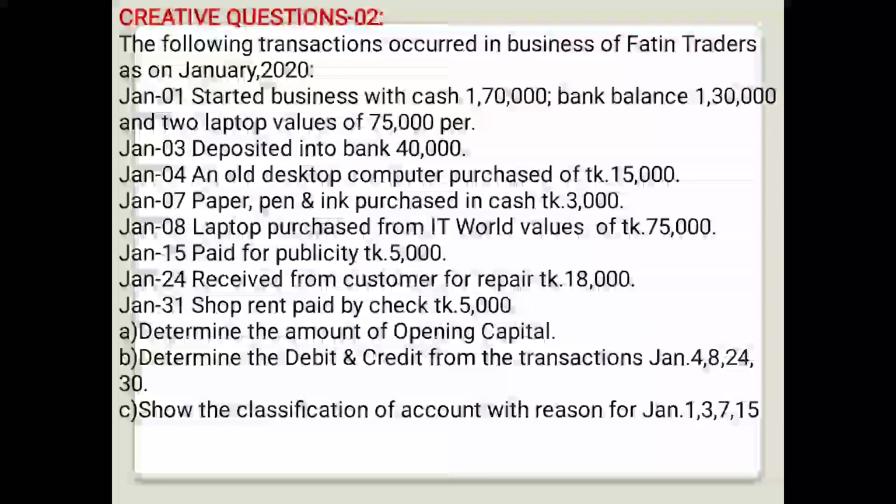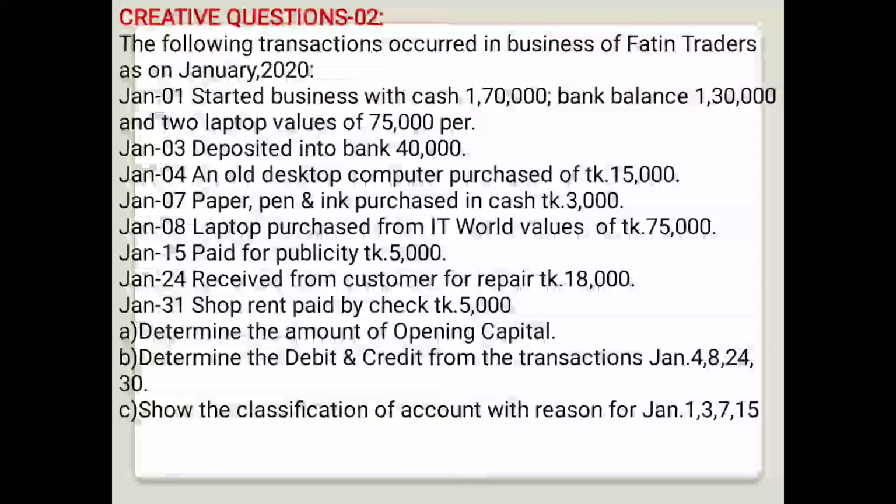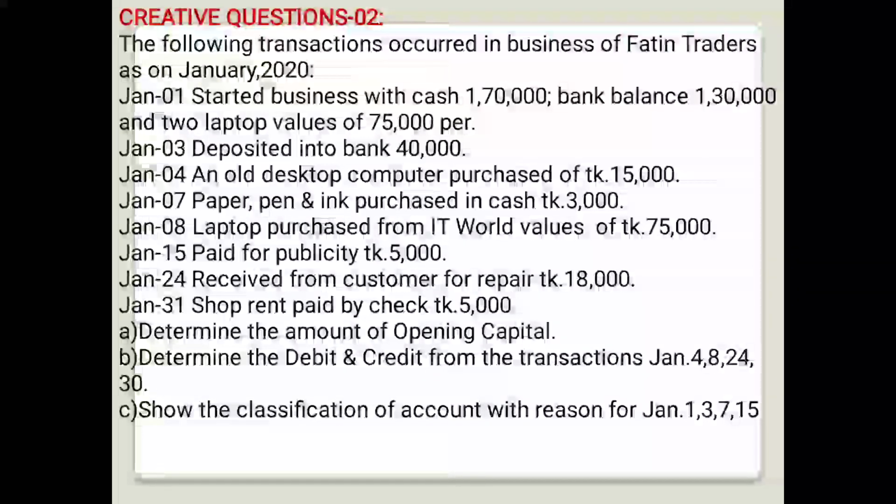January 4, an old desktop computer purchased, valued at Taka 15,000. January 7, paper, pen and ink purchased in cash Taka 3,000. January 8, laptop purchased from IT World, valued at Taka 75,000.